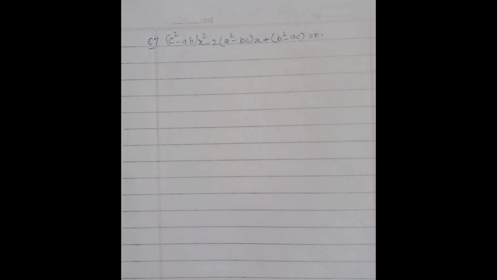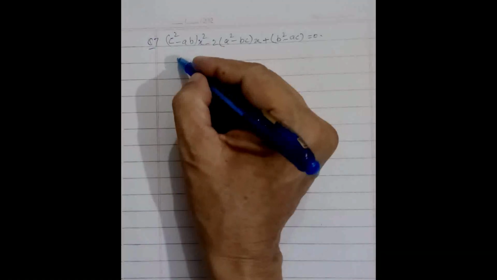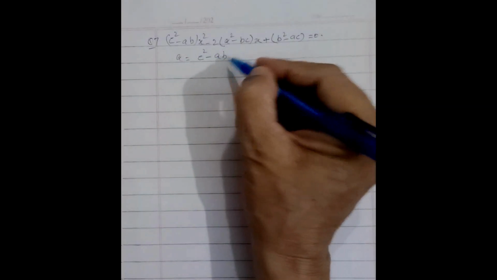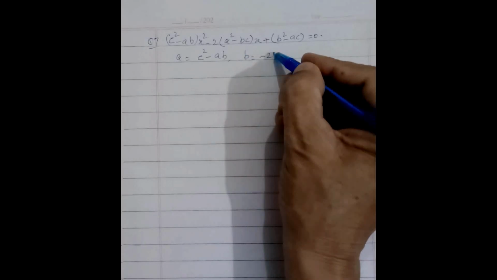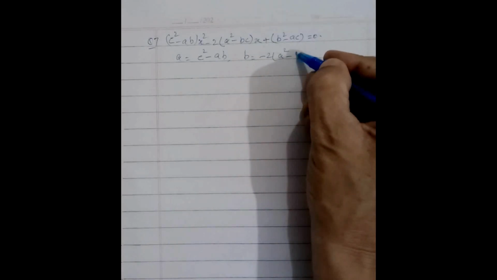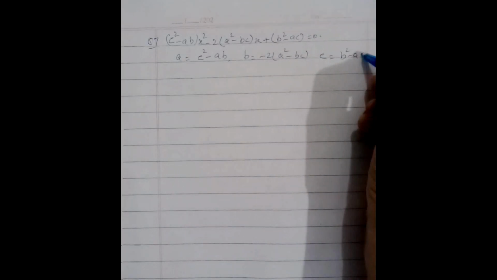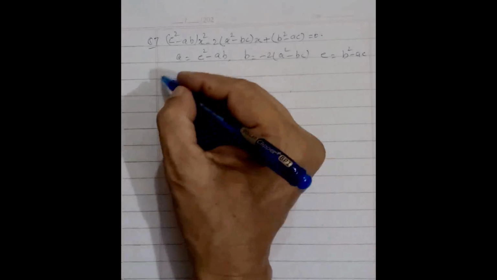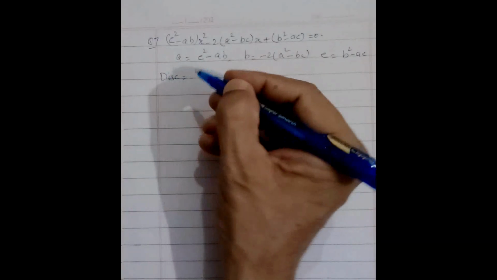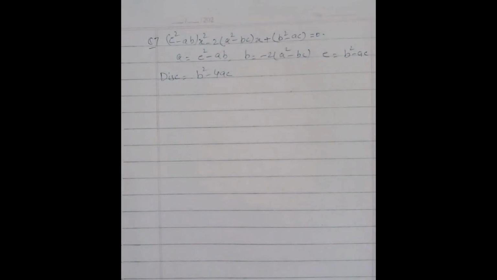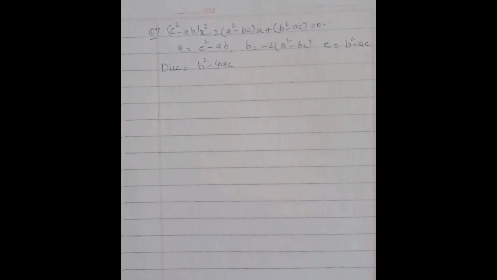In this the roots are equal, so the discriminant is equal to 0, and first we find the discriminant, in which a is equal to c² − ab, b is equal to −2(a² − bc), and c is equal to b² − ac. And the discriminant is, we know, b² − 4ac. So we put the values of a, b and c in the discriminant.